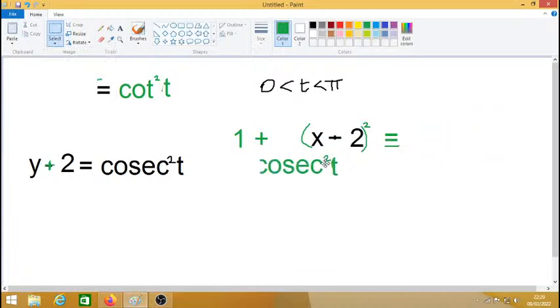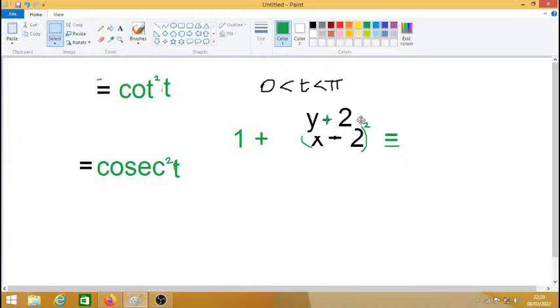So cosec squared t matches here, so that means I can bring the y plus 2 across. And then let's just try and simplify and try and make it look a little bit easier. I've got plus 2 here and plus 1 here, so let's take the plus 1 off both sides, and that'll come down from 2 to just 1.